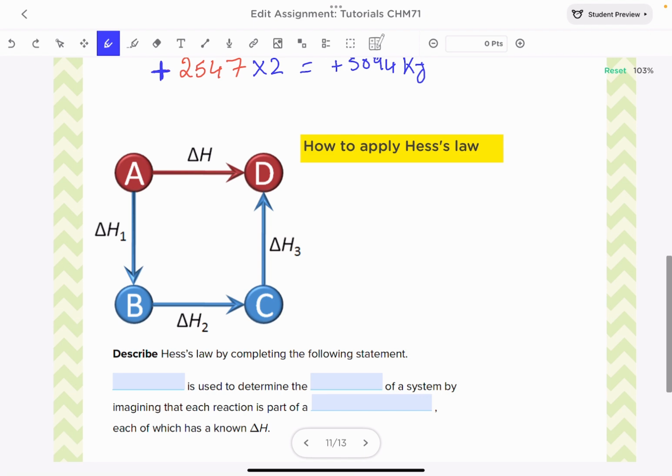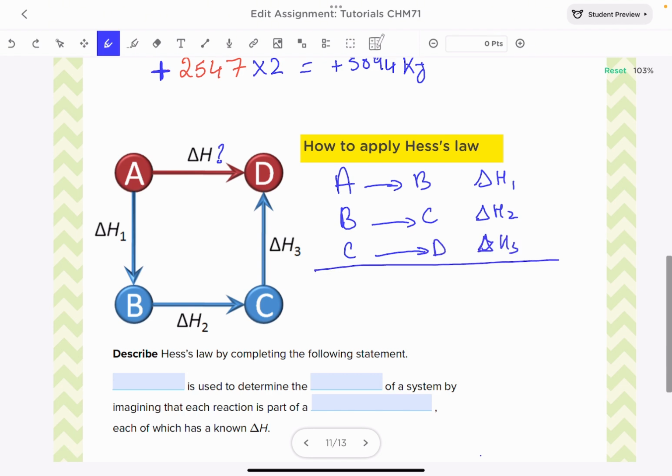Now, moving on, we're going to learn how to apply Hess's law when we have a set of equations. For example, I need to calculate the enthalpy of the reaction A to D. However, A to D seems difficult to happen. So we're going to do 3 other reactions: A to B with an enthalpy of delta H1, B to C with an enthalpy delta H2, and C to D with an enthalpy delta H3.